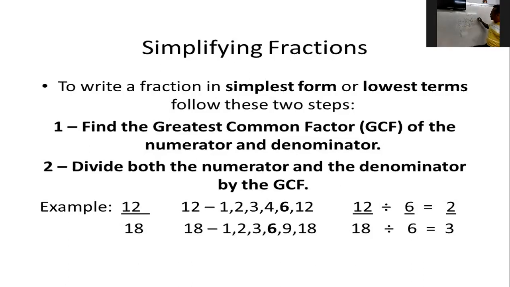So let's divide 12 by 6 and 18 by 6. So what's our answer? 12 divided by 6, you have 2. 18 divided by 6, you have 3. So our lowest term is 2 over 3. That's our final answer.